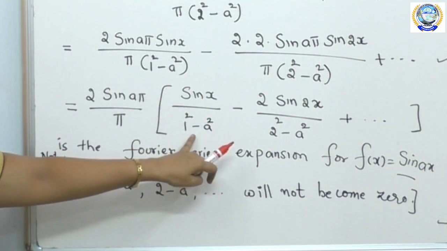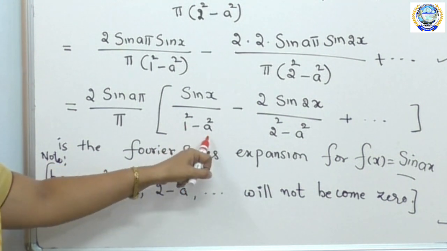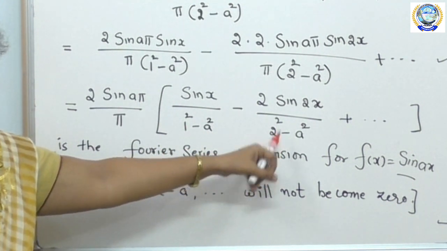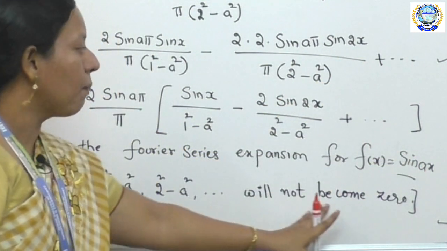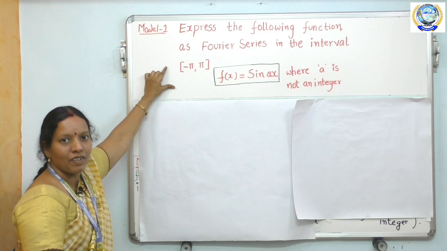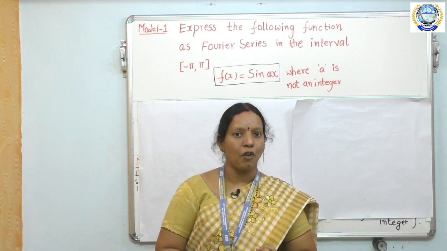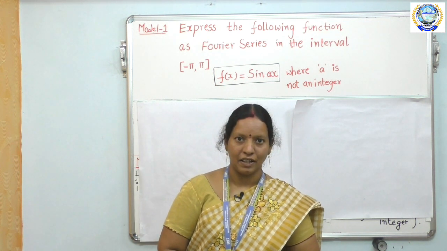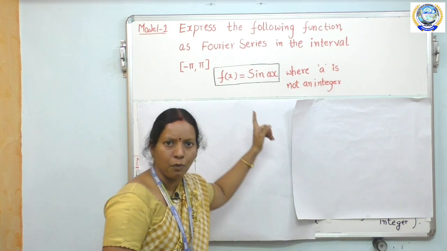Note: here in the denominator part, all values 1² − a², 2² − a², and the coming values 3² − a² will not become 0. Okay, observe this problem. So far we are discussing Fourier series first formula and Fourier series second formula. Which formula is to be used to solve this problem?